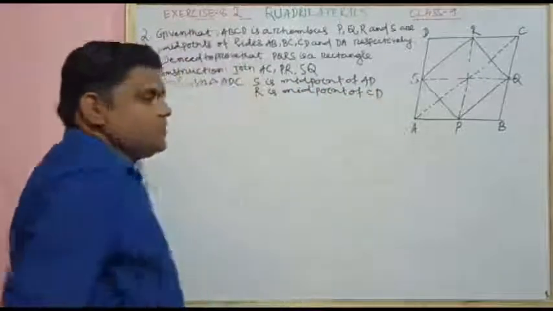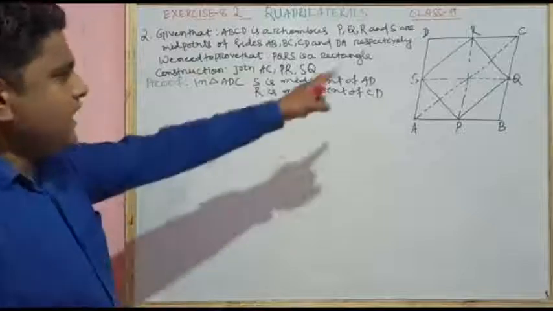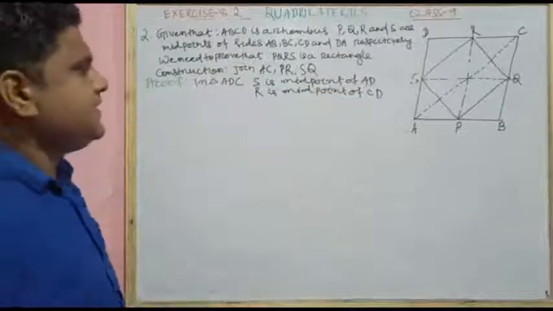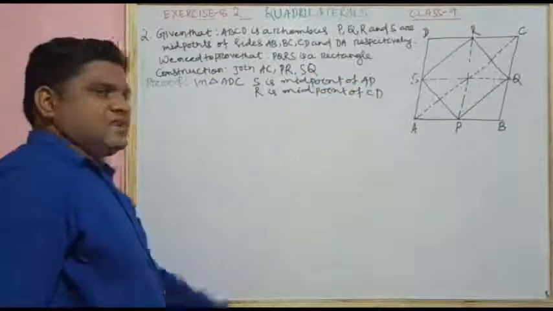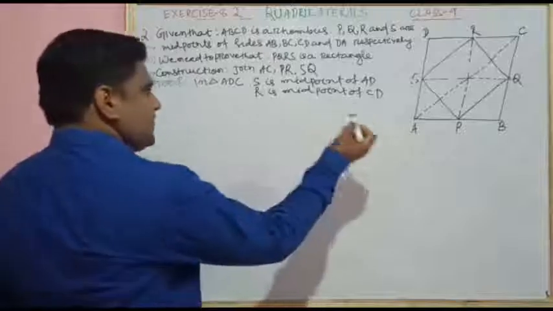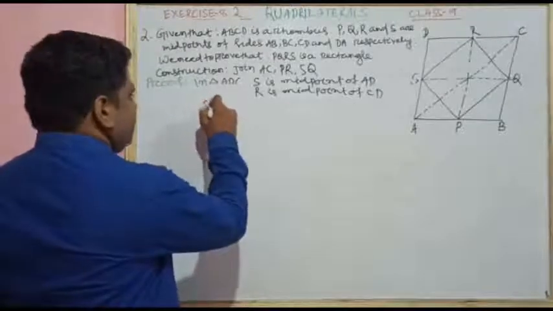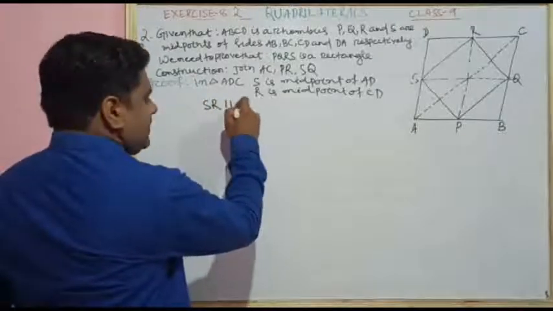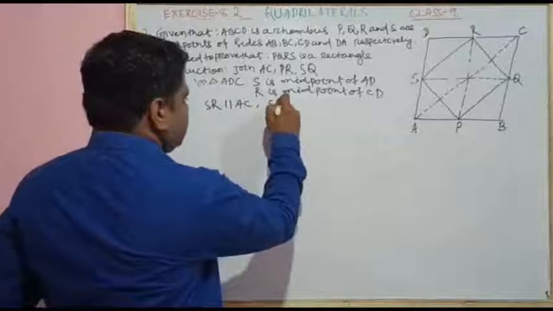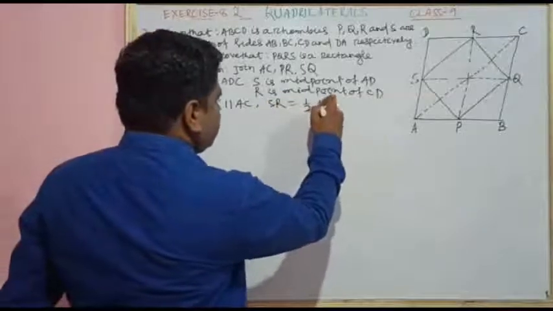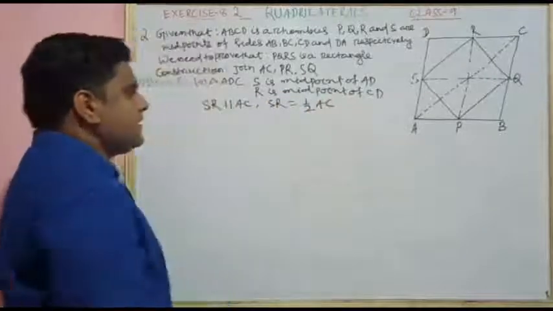So according to the midpoint theorem, RS is parallel to AC and RS is half of AC. RS or SR we can write. So SR is parallel to AC and SR is equal to half of AC.